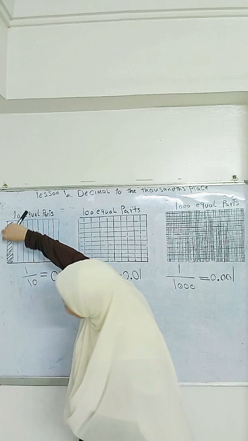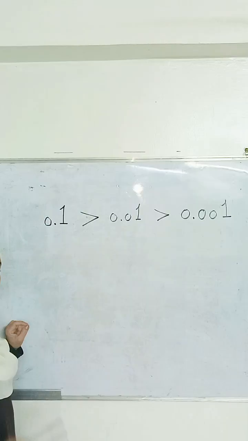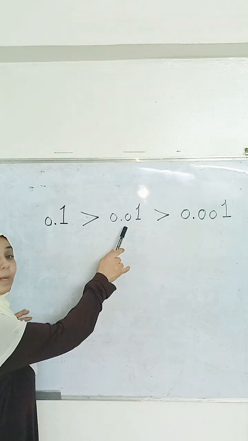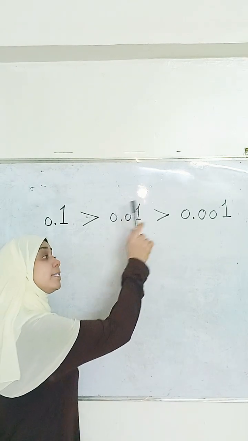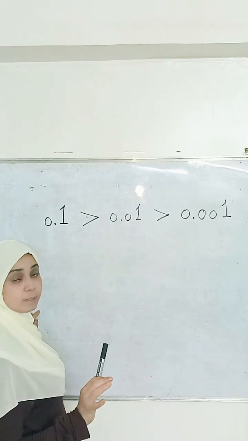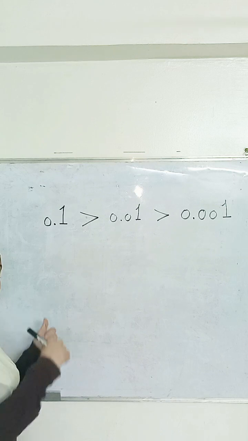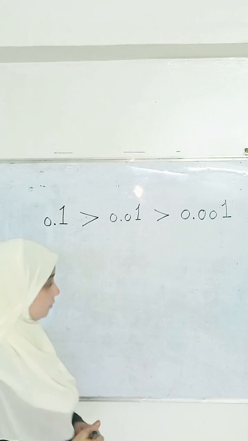This is 1/10. It's the greatest, okay? So 1/10 is greater than 1/100, and 1/100 is greater than 1/1,000. It's very important to be clever in converting numbers from fraction to decimal, so we must revise it.